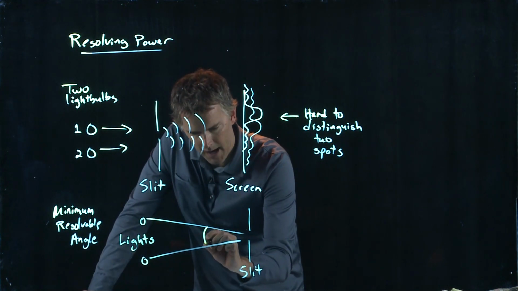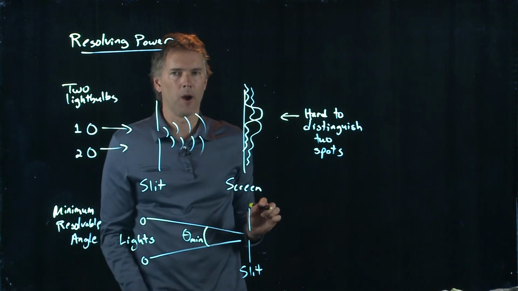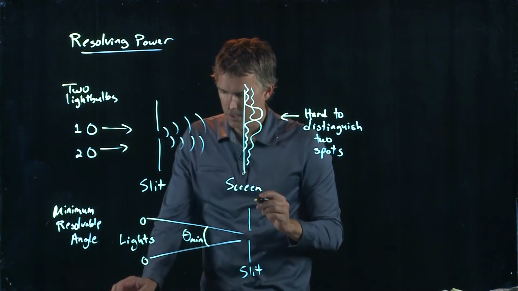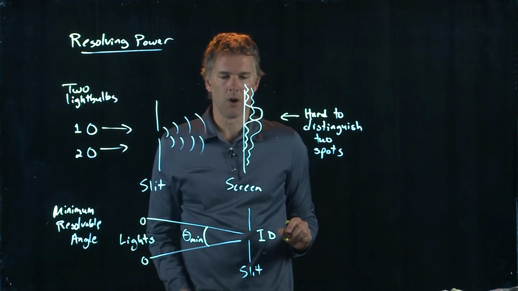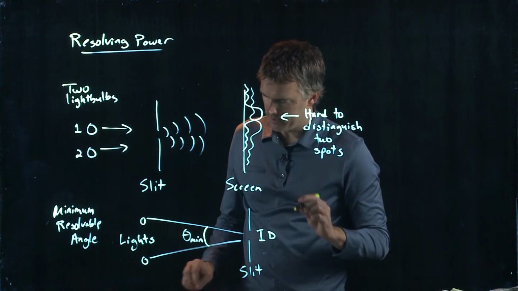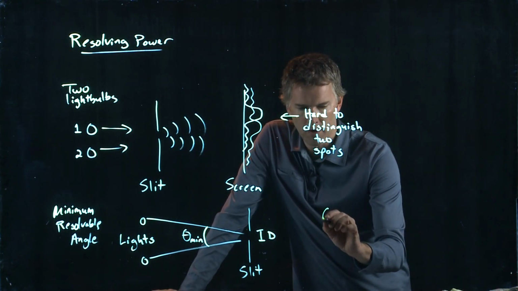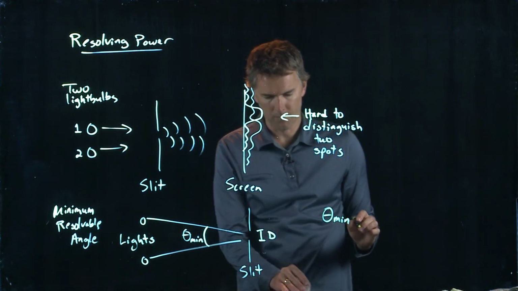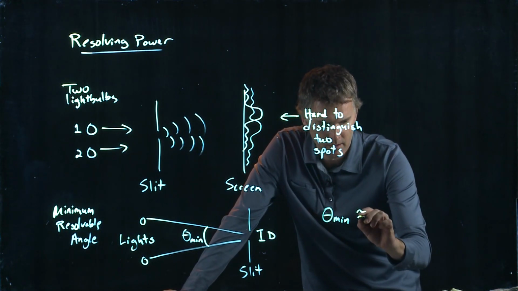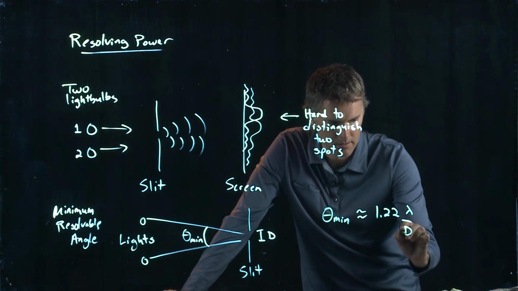And this angle here, we want to figure out what is the minimum that we can see. And we will call the diameter of the slit d. Well, it turns out that the minimum resolvable angle, theta min, is the following: 1.22 lambda over d.